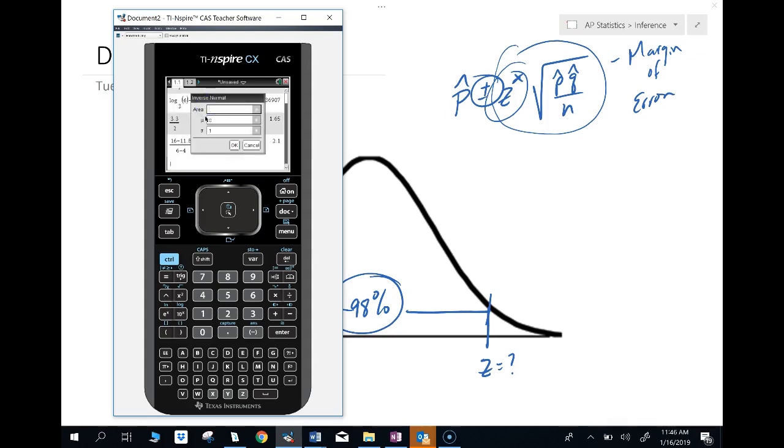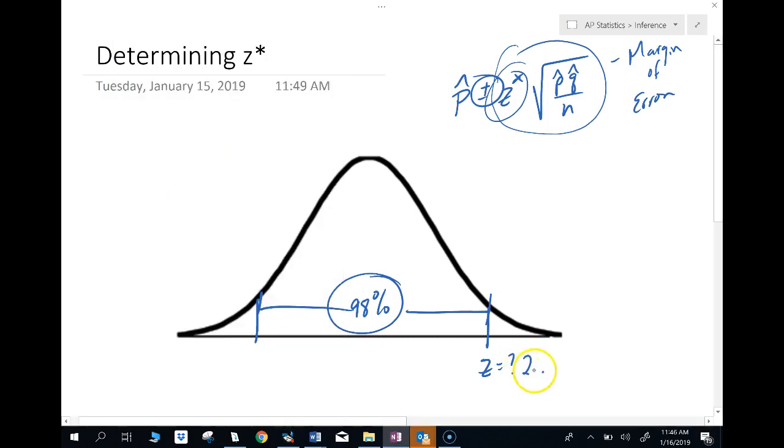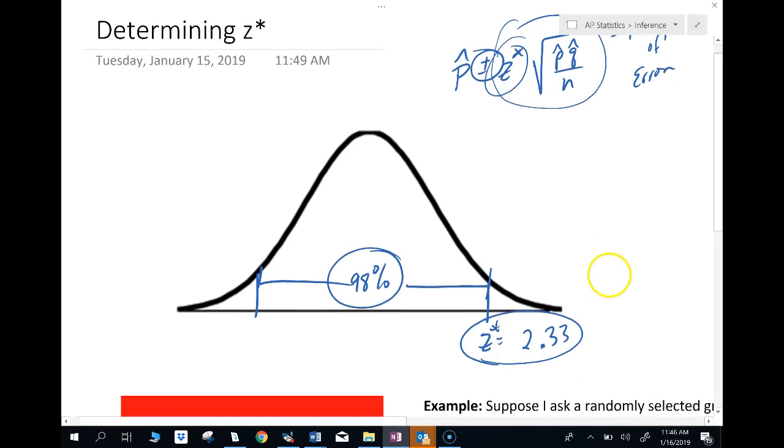The area for inverse normal for this problem will be 0.99. Now some of you are wondering, why is the Z star for 98% 2.33, and why did I use 0.99 instead of 0.98?